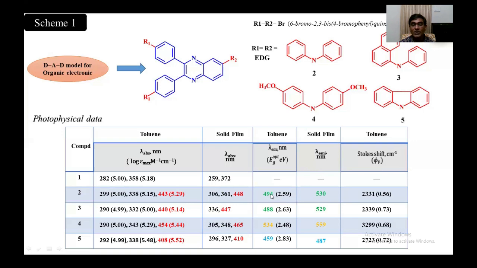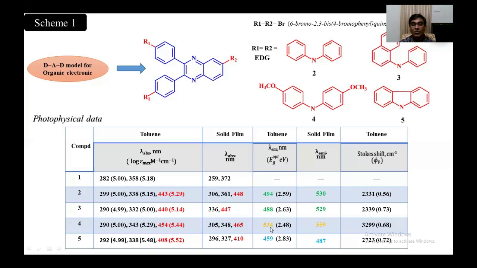blue region. So carbazole, having the carbazole donor, emits a blue light; having this methoxy electron donating substituent on diphenyl emits at 534 nm; and having diphenylamine or naphthylamine again emits a cyan blue color here.